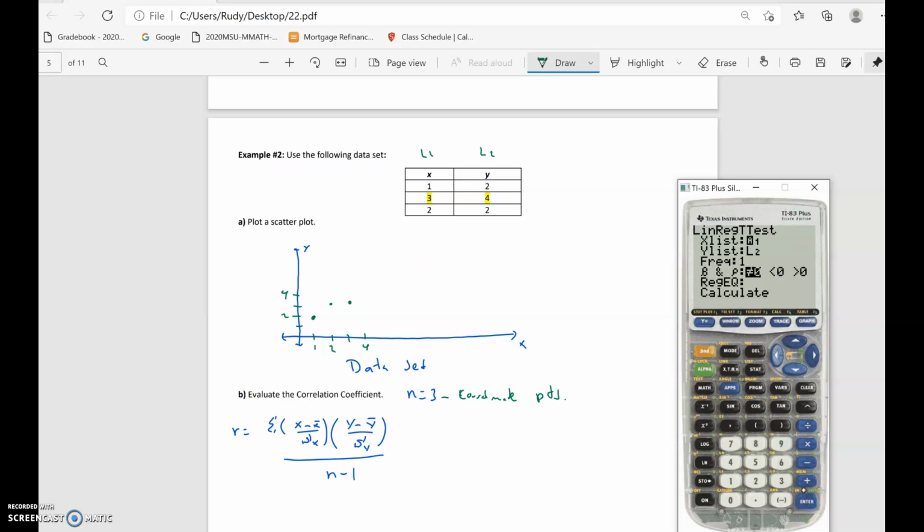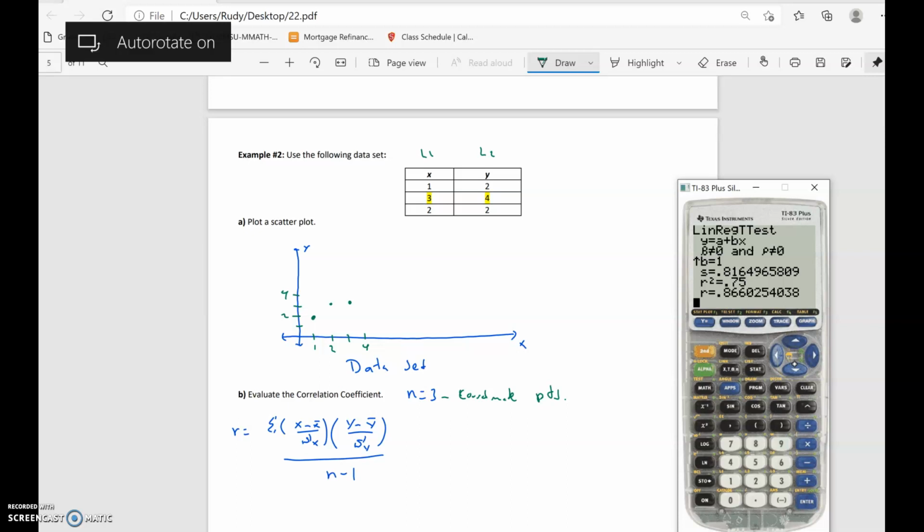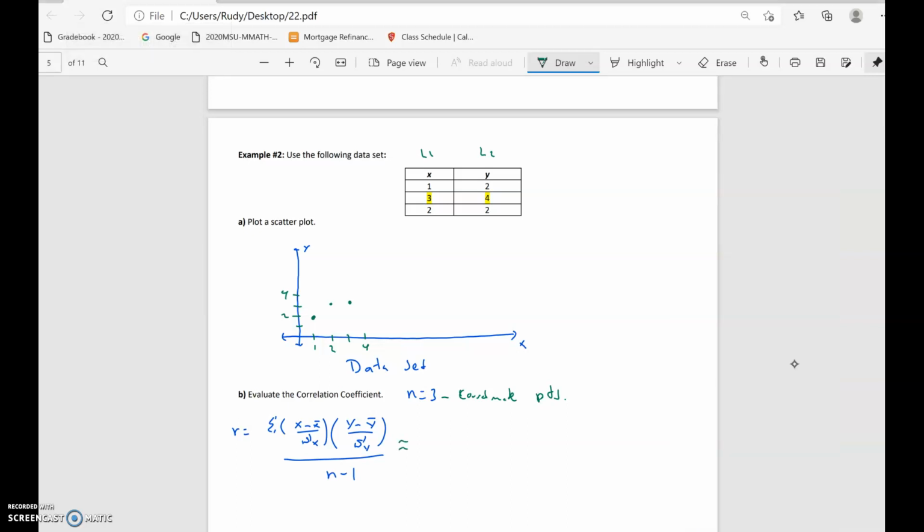Make sure you have all your x's as L1 and all your y's as L2, do not modify anything in there, and then hit enter. That output technically has most of what we're going to be needing in this section. Your value of r is all the way at the bottom, and we're looking at approximately 0.866. So this code is giving us that r is approximately 0.866.